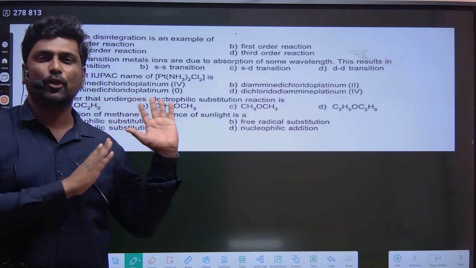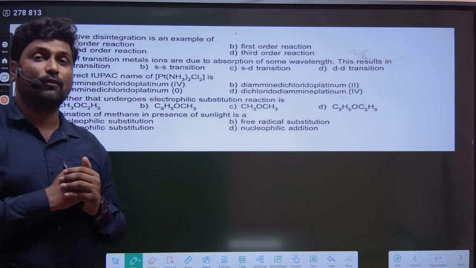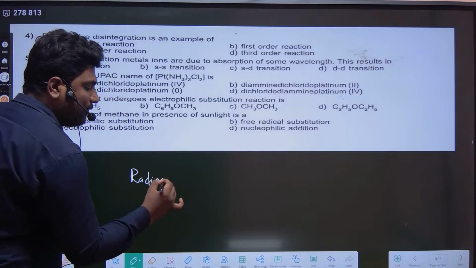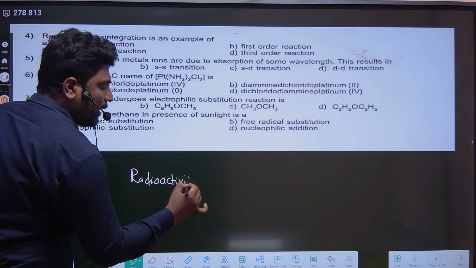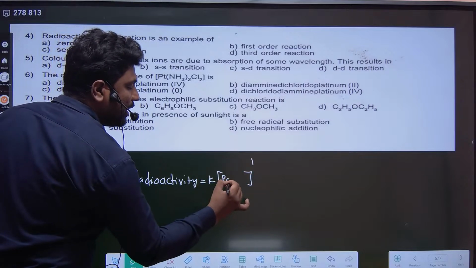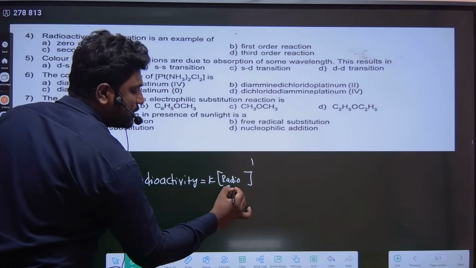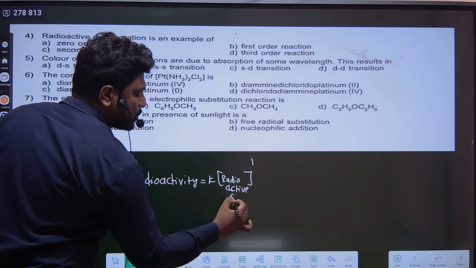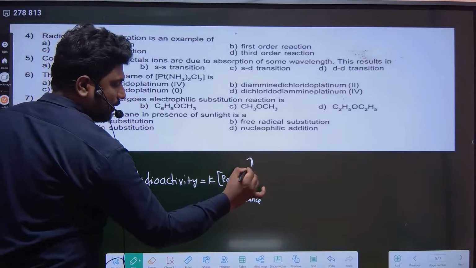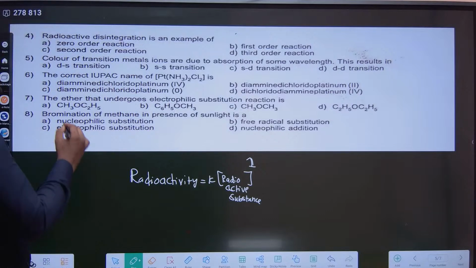The rate of this radioactivity process is directly proportional to the first power of the concentration of the radioactive substance. So therefore it is a first order reaction.